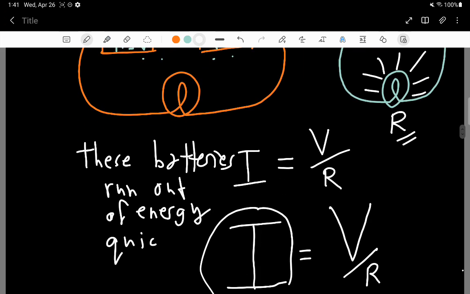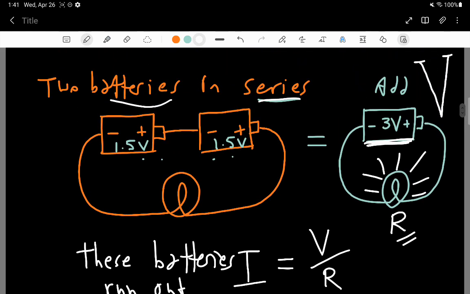And that's because the light bulb is bright. So the bright light bulb indicates the fact that energy is being sent to the light bulb from the battery quicker. So that's a disadvantage.